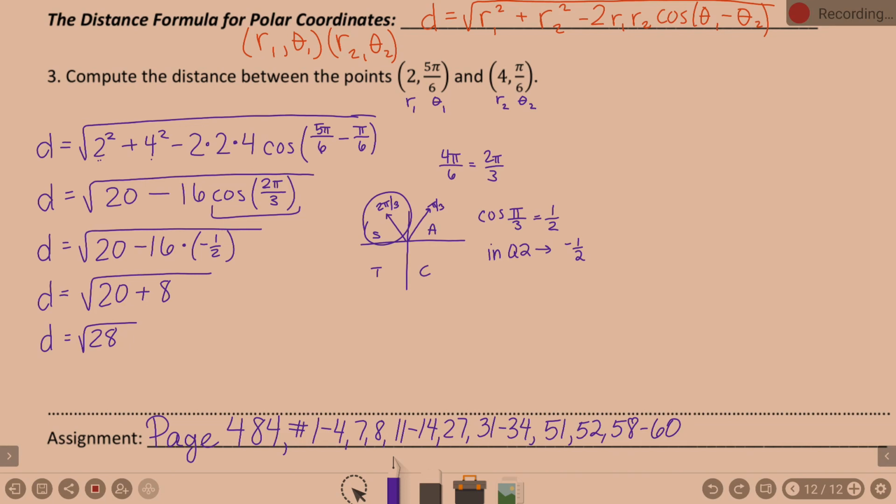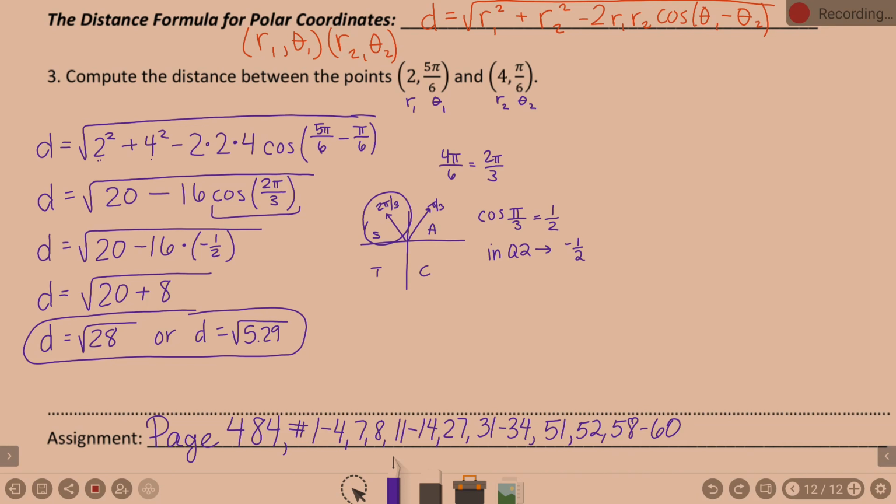You could say D equals the square root of 28, or if you actually put that into the calculator, it is 5.29. And if I want to be honest, the calculator could have been used sooner. You would have to be in radians, of course, if you're doing it before you figure out the cosine of 2 pi over 3, but it could be done earlier. I encourage it as an opportunity to practice our trig, though. Okay, you can at least check yourself, though.